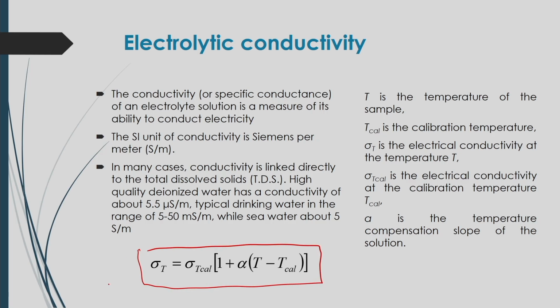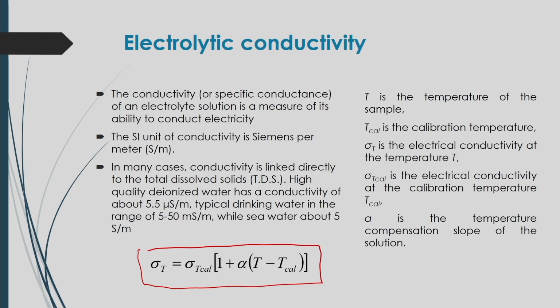The conductivity or specific conductance of an electrolyte solution is a measure of its ability to conduct electricity. The SI unit of conductivity is Siemens per meter, and in many cases conductivity is linked directly to the total dissolved solids in the solution.